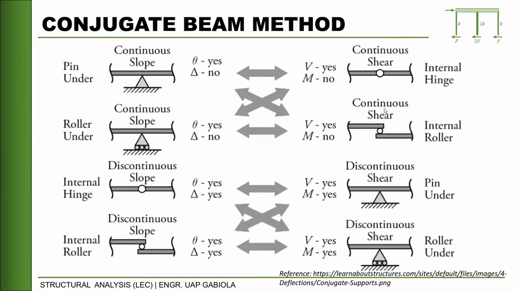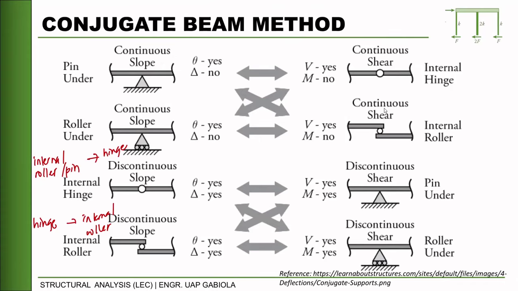For continuous beams, if you have an internal roller or an internal pin, just change it into a hinge in the conjugate beam. And vice versa, if you have a hinge, change it into an internal roller. Okay? The other notes written here are still a bit confusing.